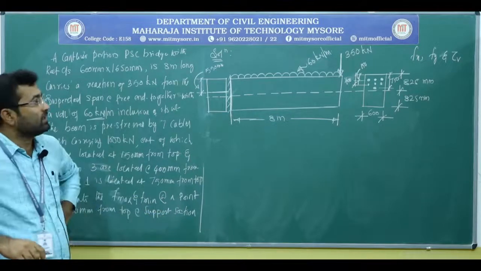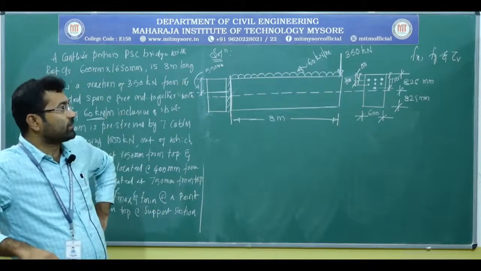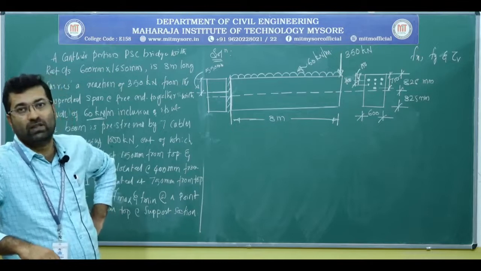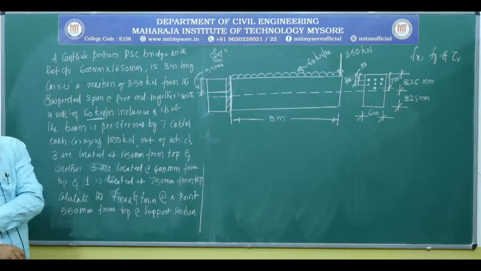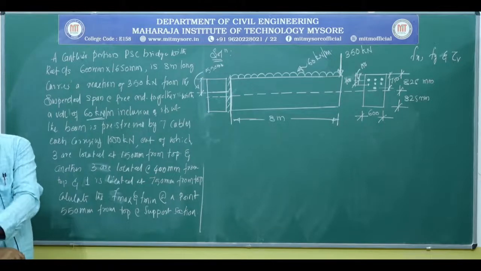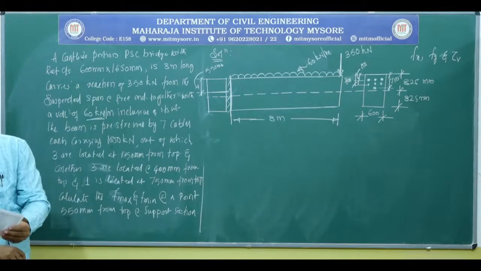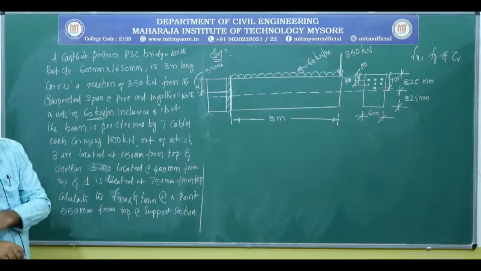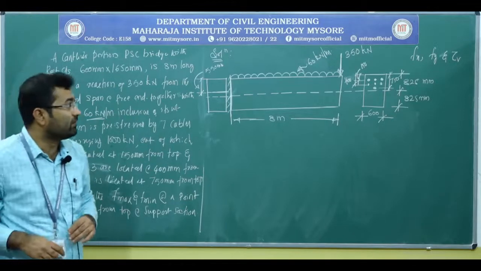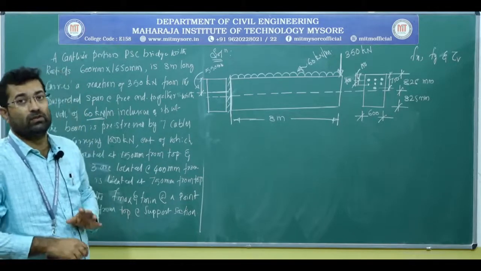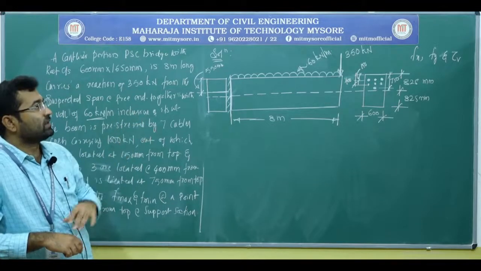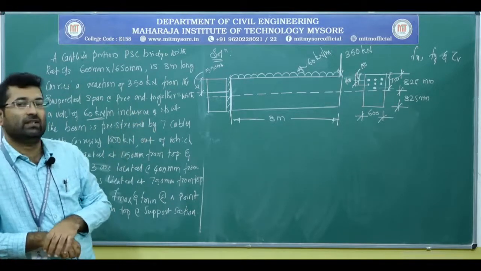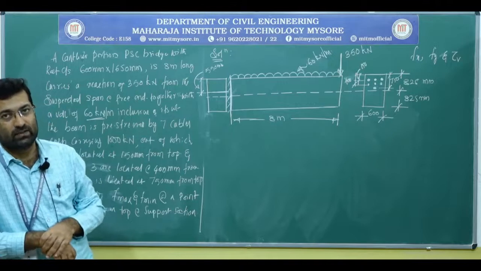The second one, F of y, is the vertical pre-stressing. In the given problem there is no vertical pre-stressing, so F of y will be 0. Tau v is the shear stress due to the shear force.